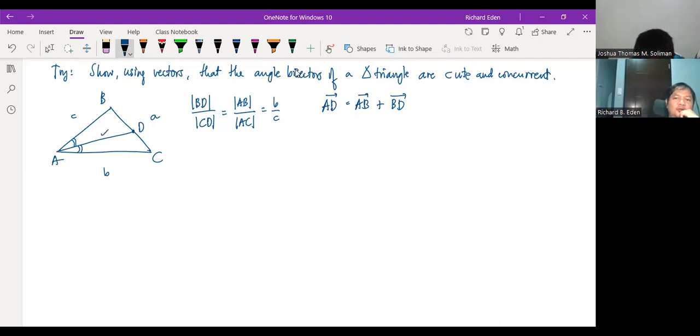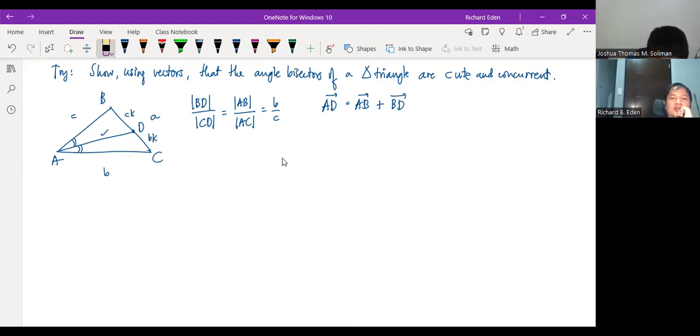And then nung vector BD, well, you can think of that as C times K. And CD, B times some constant K. Hello? B over C, C over B boy. Ito po yun, sir.